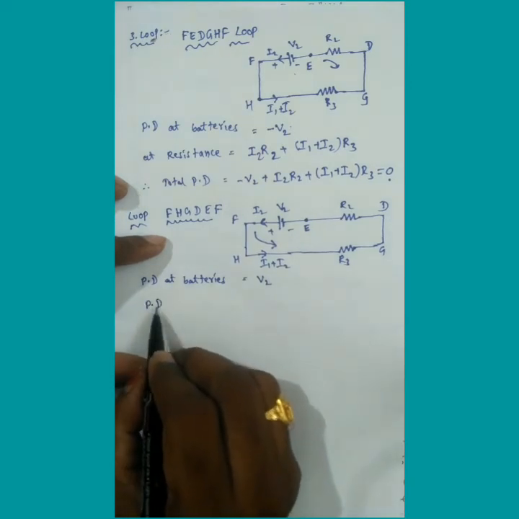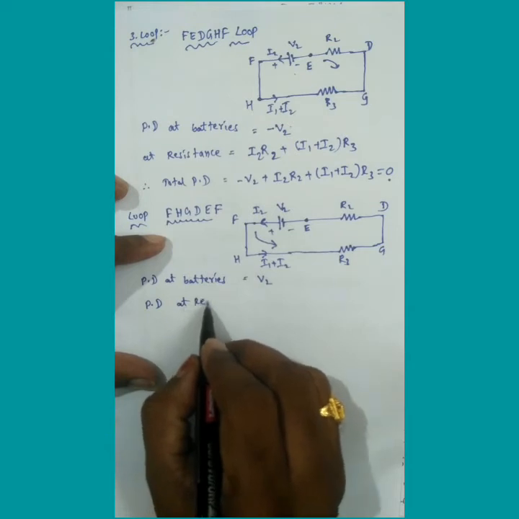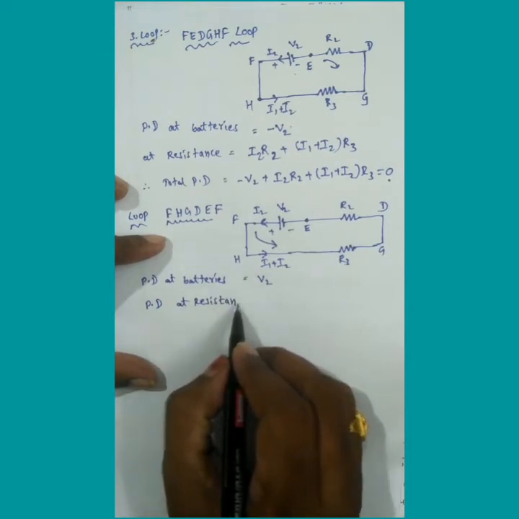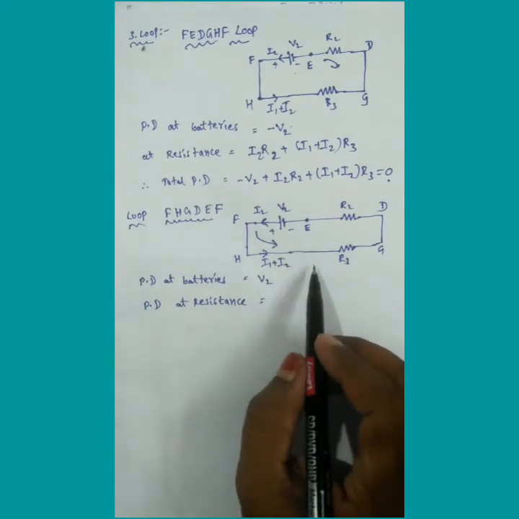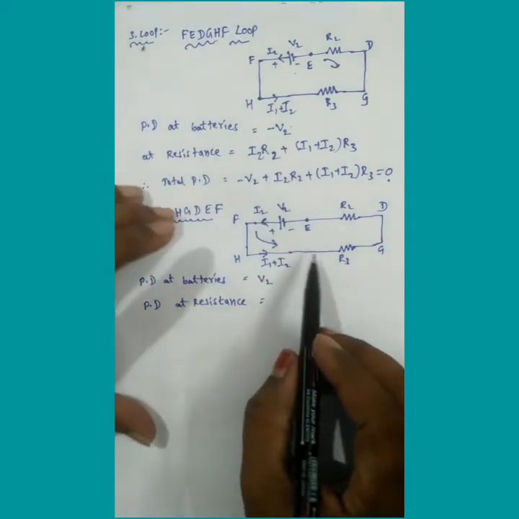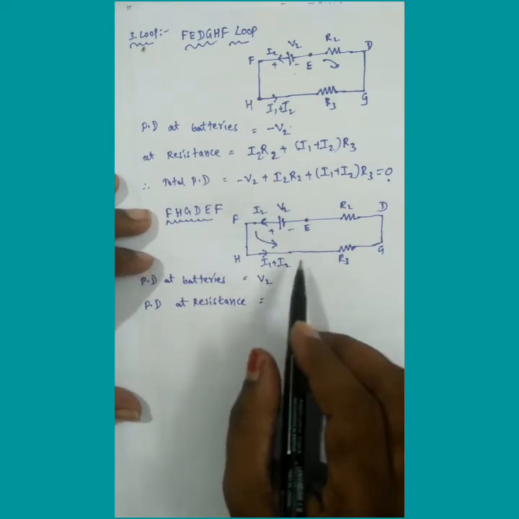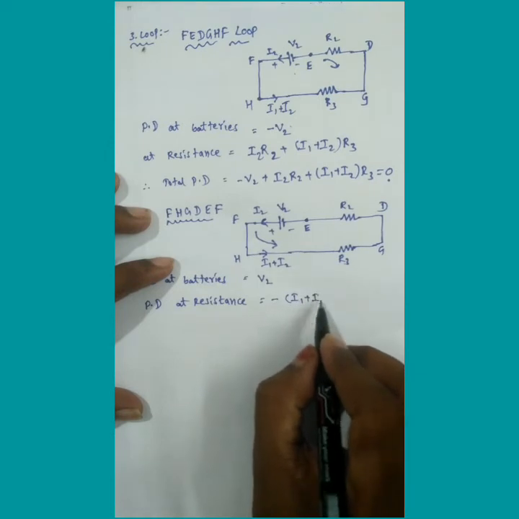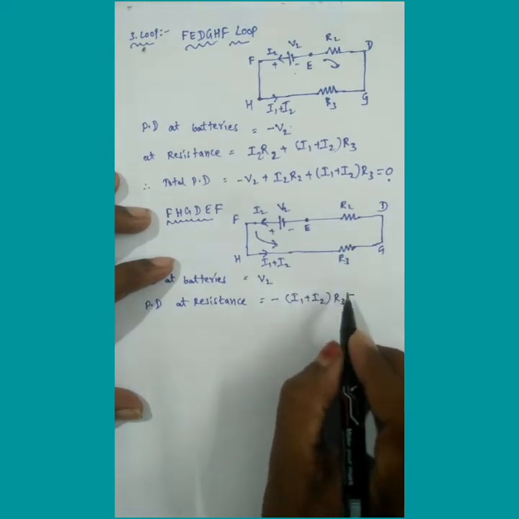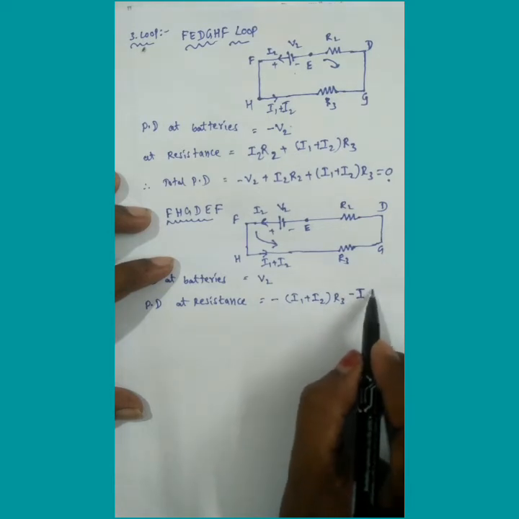Next, the potential difference at the resistances. Actually we have to calculate those values individually, but I am writing them directly here. Suppose you take the direction along which the resistance is reversed. That way, minus (I1 plus I2) into R3, minus, here the potential difference is current into resistance.